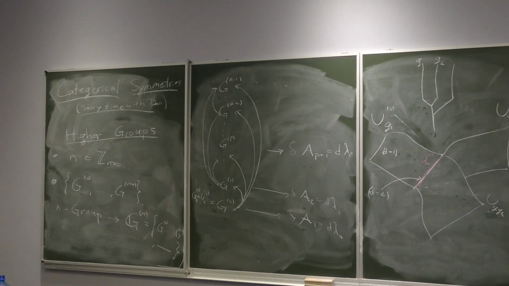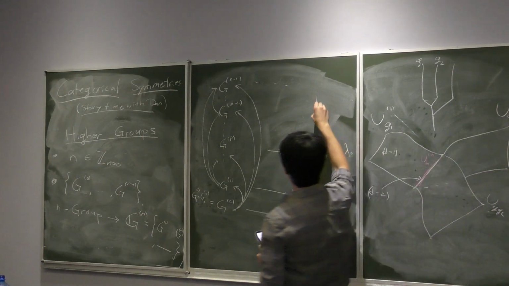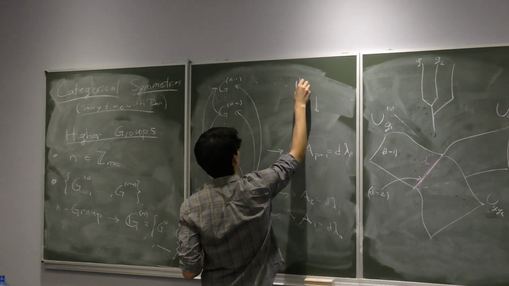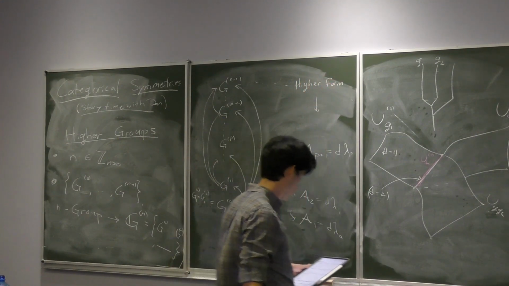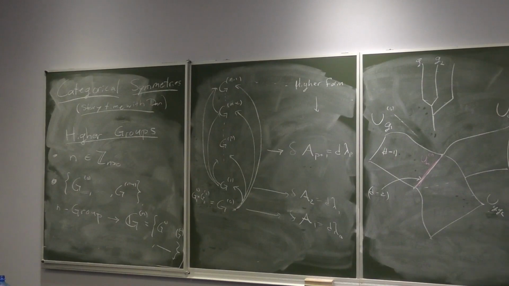Let's fix P and look at its gauge variation, or its background gauge transformation. So this is a higher form. And this is what happens in the higher group.